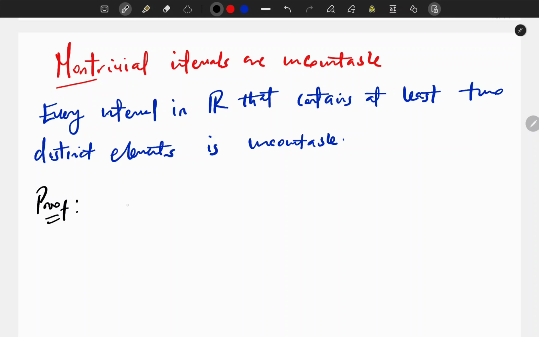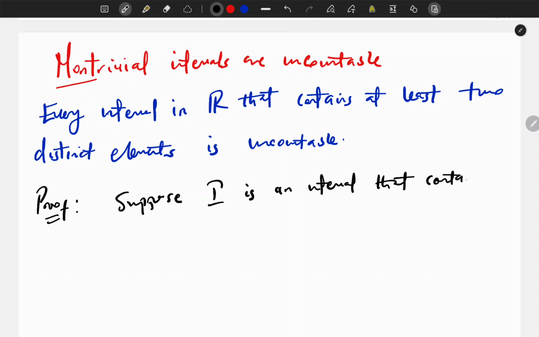Proof: suppose I is an interval that contains (a, b) in R with a less than b.